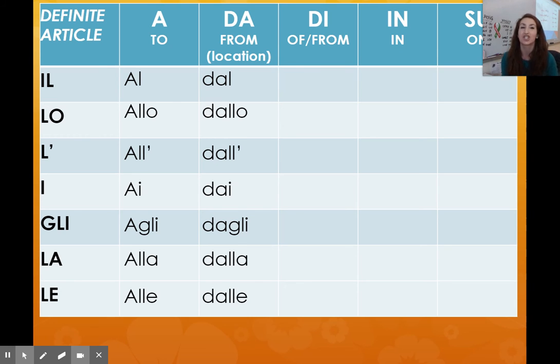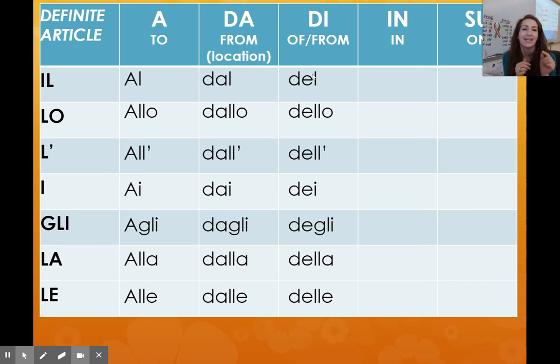Okay, so the next due, di and in. These are weird because they change. Again, from the Pratica in the previous slide, you might remember it doesn't become dil. It does become del. Okay, so take a close look here. Del, dello, dell'apostrofo, dei, degli, della, delle.